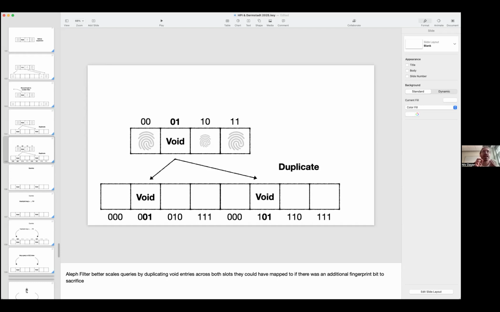The reason is that if you're querying for an old entry that has a shorter fingerprint, if you're querying for an existing entry, you're always going to get a true positive anyways. Right? So when we're analyzing the false positive rate, we only care about, given a non-existing key, what is the probability of a collision?